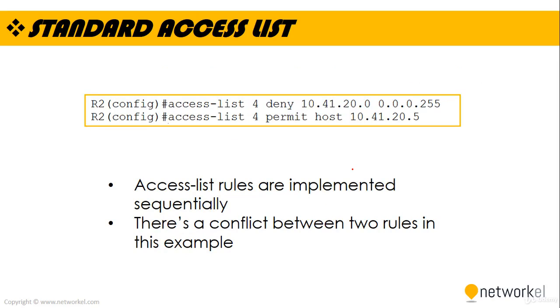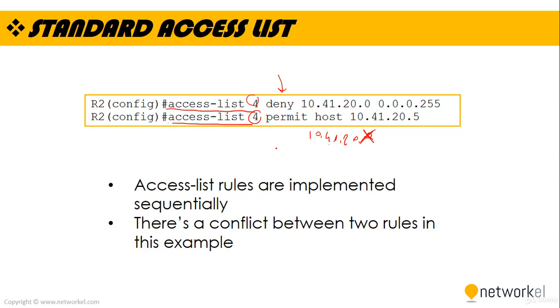And let's go ahead. In this example, we have another standard access list, 4. In the first statement, we are denying the 10.41.20 network, which means everything beginning with 10.41.20 and something like that.